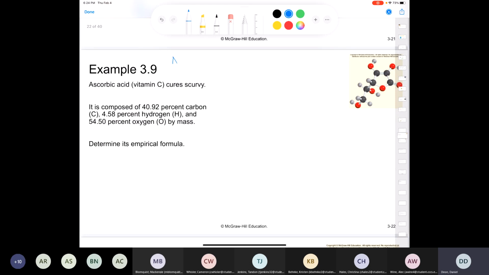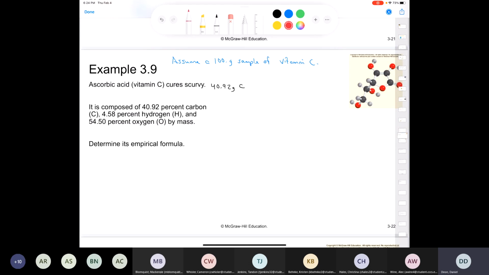We're going to assume a 100 gram sample of vitamin C. And if you're not following me, the significance of that would be if I have 100 grams, that means I have 40.92 grams of carbon.